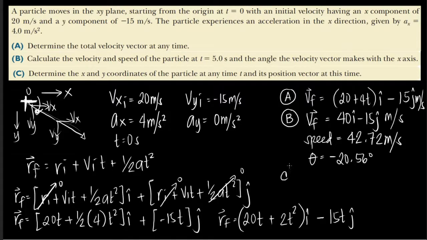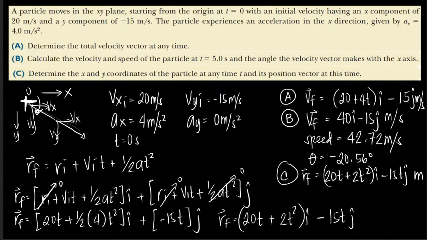And this is the formula for the x and y coordinates of the particle at any time t. So RF equals 20t plus 2t squared I minus 15tJ, in meters, the unit of the coordinates or of our displacement.